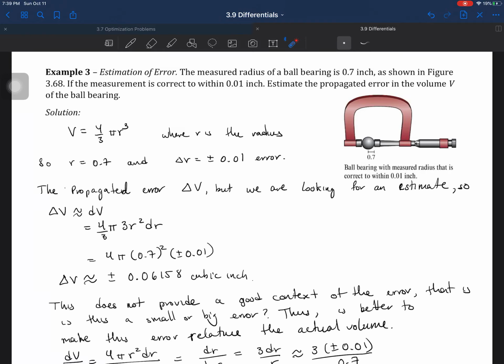And that is because of this, right? Your error is within that, and so we can think about it as a number that at most is going to be 0.01, and at least it's going to be negative 0.01.